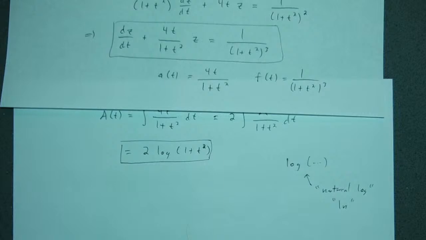You know that there's the logarithm change of base formula anyway, so you can always use whatever base logarithm you want to. So why not use the best one by far, objectively? So natural log, and that's that. So every time you see log showing up, that's what's meant, is the natural log. So this is 2 log 1 plus t squared is going to be our big A of t.